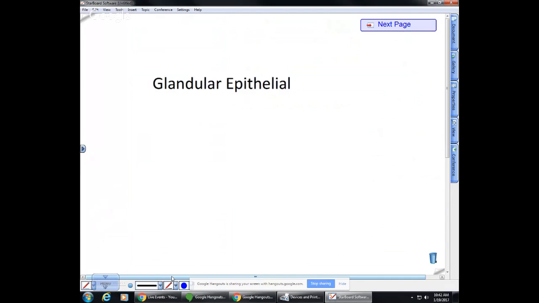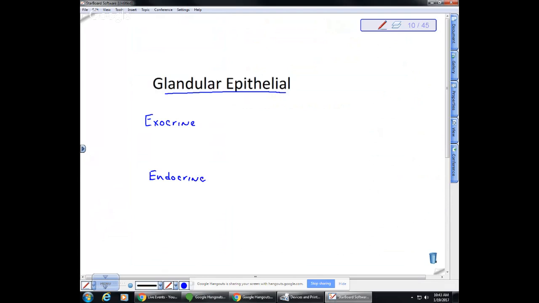Okay, so all glands in our body are considered to be epithelial tissue versus nervous or connective or skeletal. So just remember that all glands in the body are classified as epithelial tissue. Now we have two major categories of glands, one being exocrine and the other being endocrine.